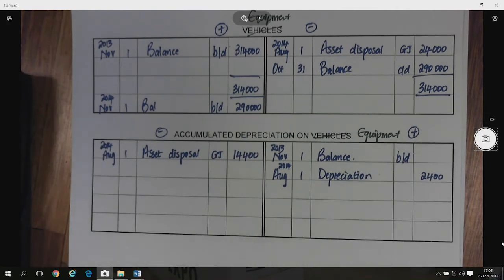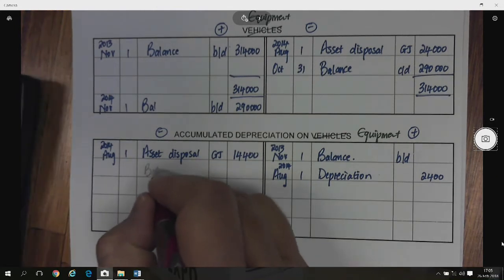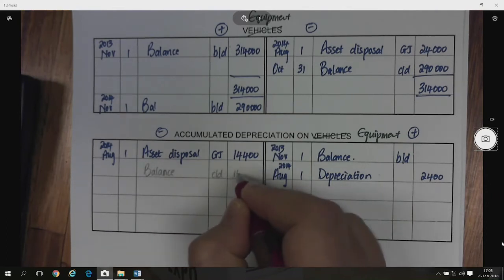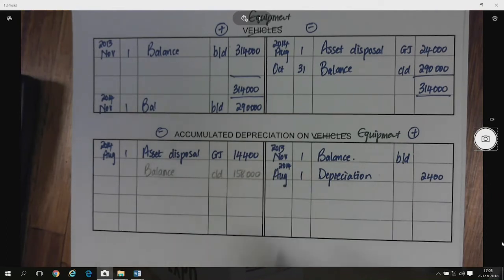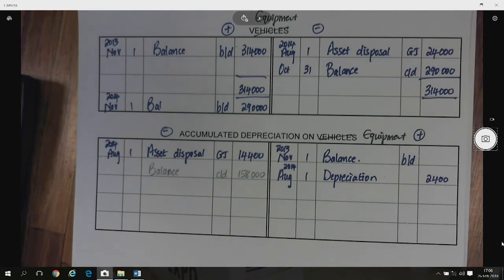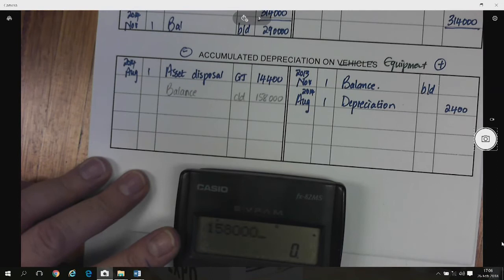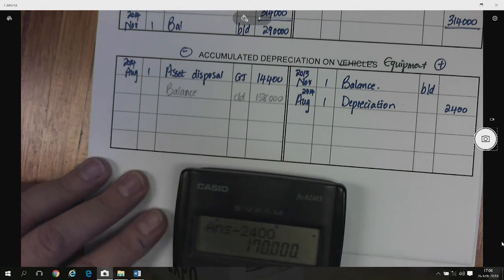After that, okay, I'm going to put it in there with a pencil. The balance that they gave us after this is 158,000. So what we must do is we must add back so that we can get to the correct balance. So we say 158,000 plus the 14,400 minus the 2,400 on the other side.